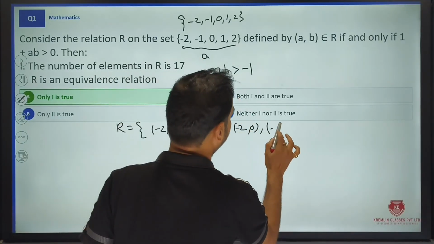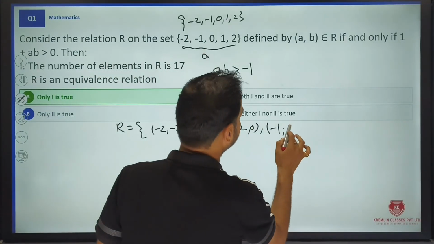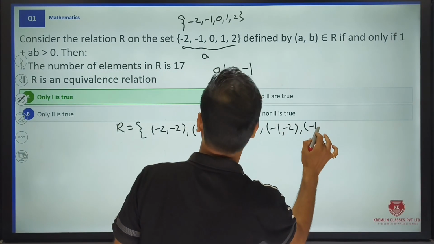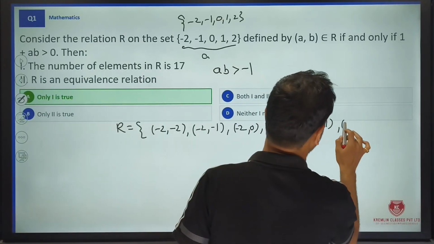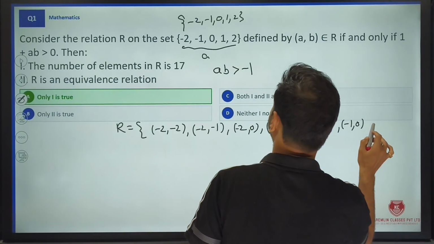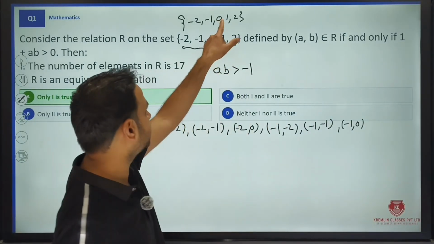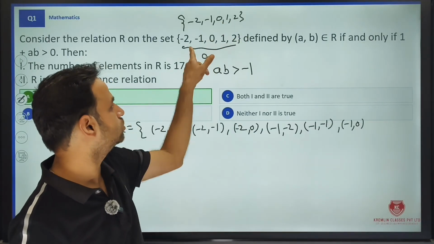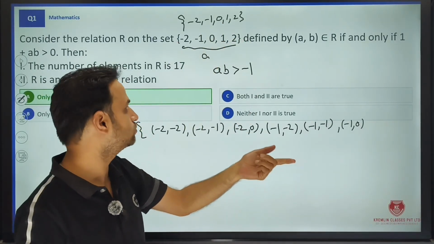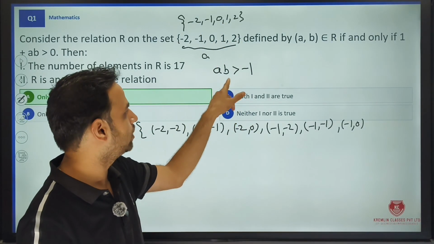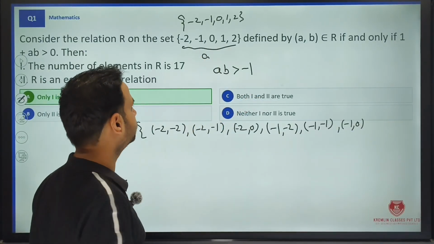Now we move to -1: (-1, -2), (-1, -1), (-1, 0). Taking (-1, -1) will not be true because -1 into -1 gives 1 — wait, -1 is not greater than -1, so it is wrong.